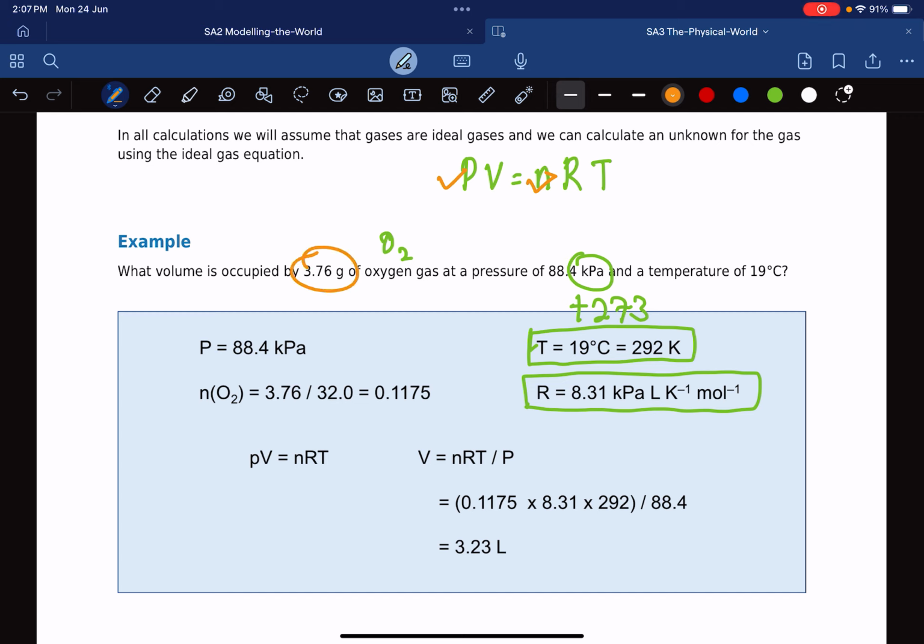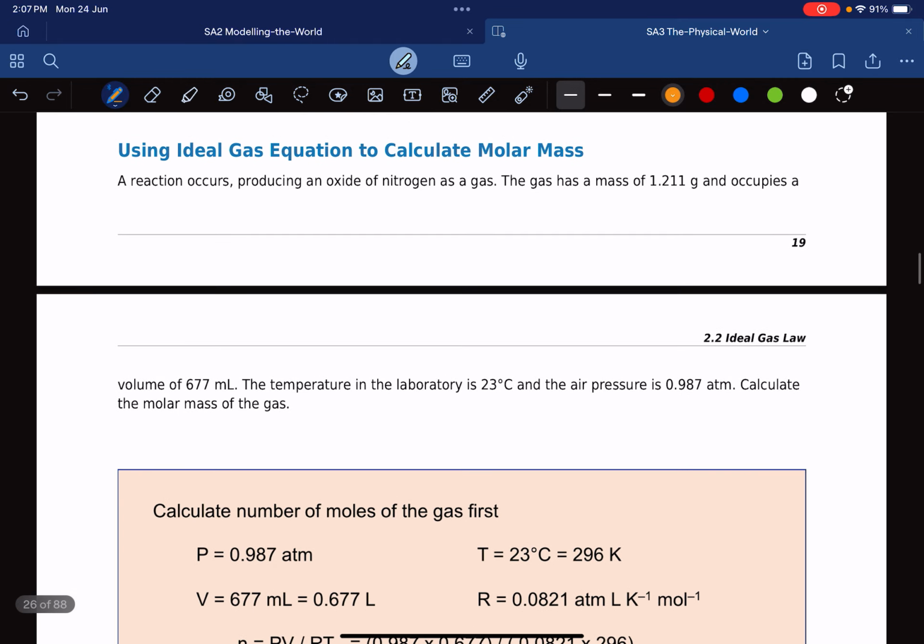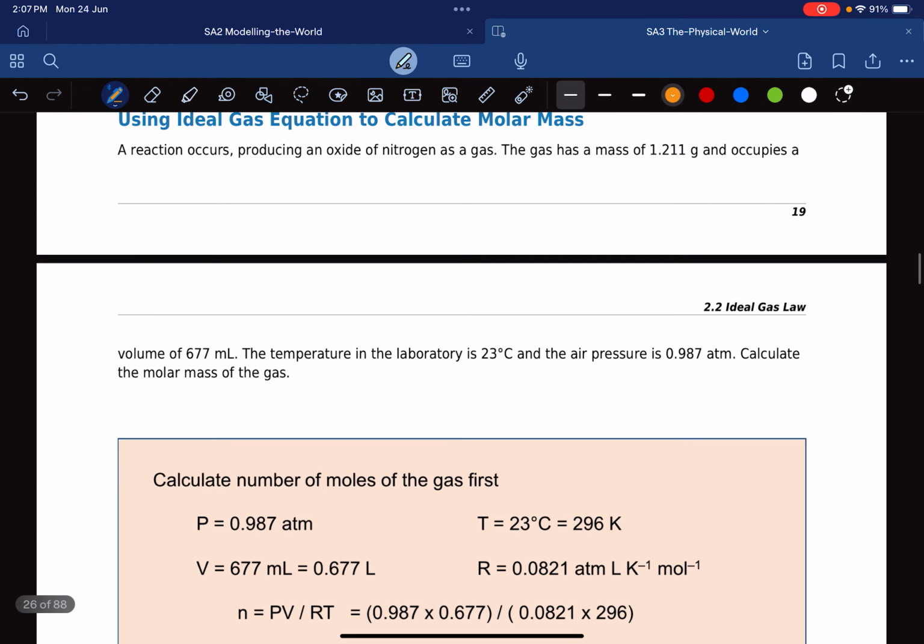You take the mass of oxygen given and divide by the molar mass, and you get the moles. So we know the moles, we know R, we know T. If you plug everything in, you should be able to get the volume. Quite straightforward, no?